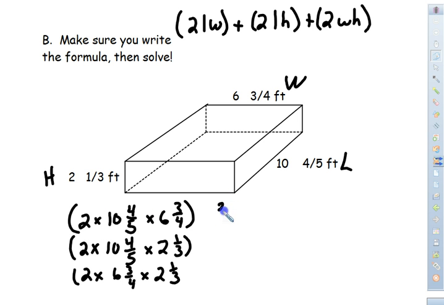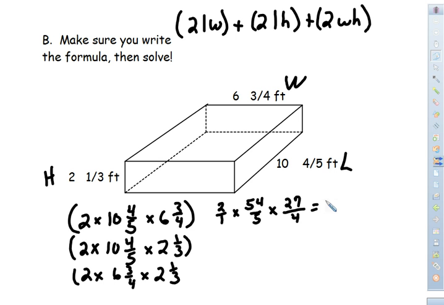So we can take 2/1 times, this would be 5 times 10, which is 50, plus 4, we can get 54/5, times 24 plus 3 more is 27/4. Now you can do any kind of cross-reducing on this if possible. If not, then you can just simply multiply.